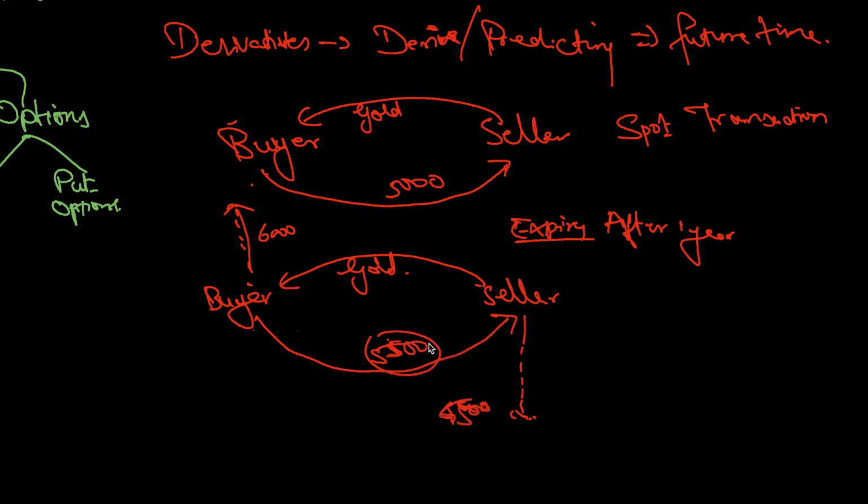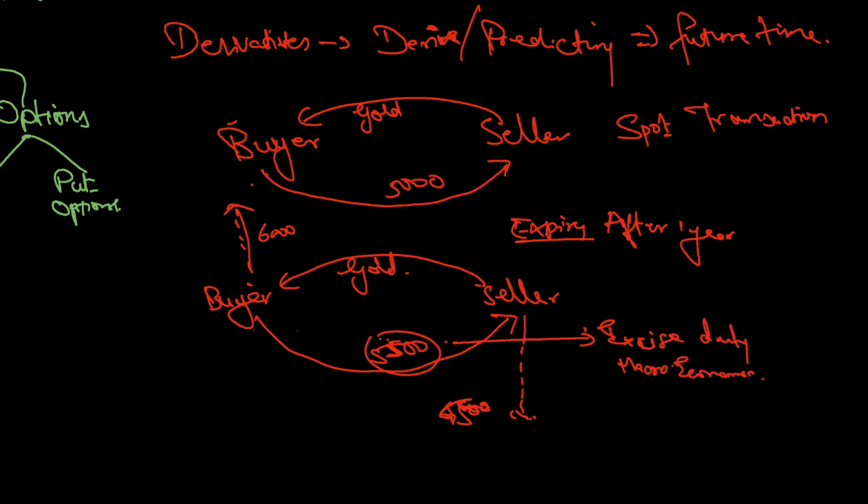On what basis are they thinking all these things? It can be their predictions, what they think about government rules, for example excise duty, and what they think about macroeconomic conditions.